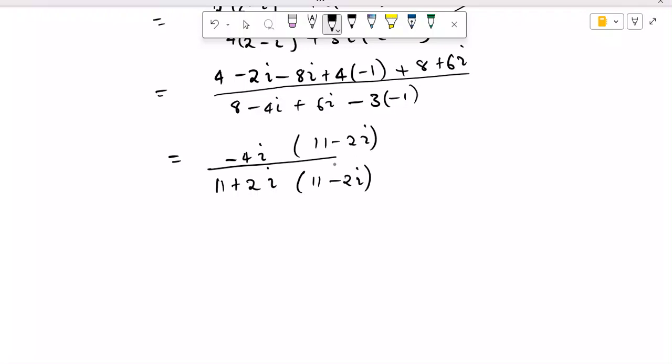Why are we doing this? We want to express it in the form they want, okay?